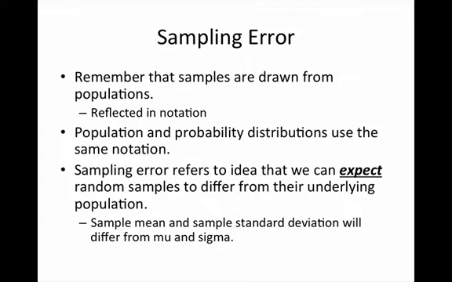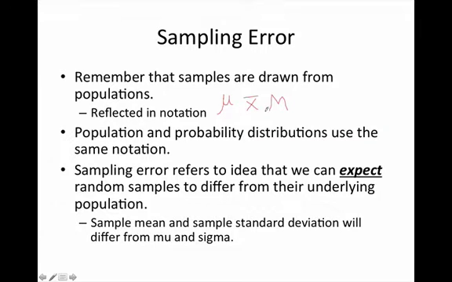So for now, remember that samples are drawn from larger populations, and this is reflected in notation. For example, we learned previously that mu is for the population mean, whereas x bar, or sometimes m, is for the sample mean.